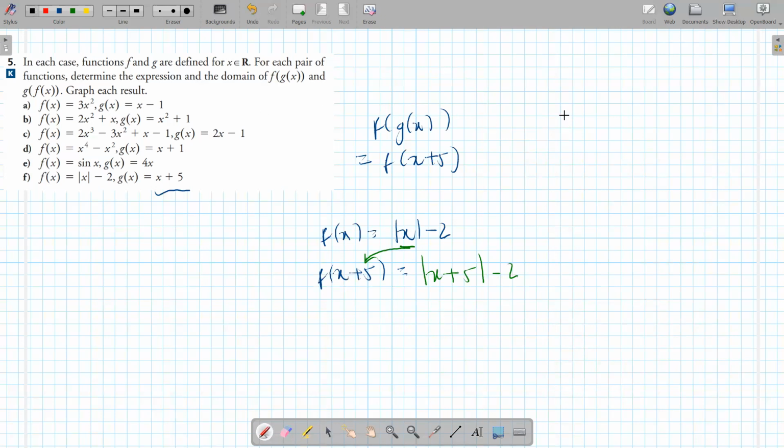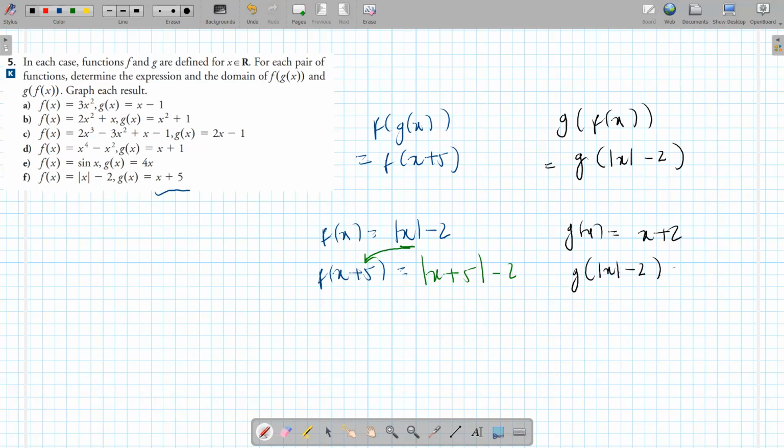Now for the other one, g of f of x, g of absolute value of x minus 2. So what's g of absolute value of x minus 2? If g of x is x plus 2, what is g of absolute value of x minus 2?